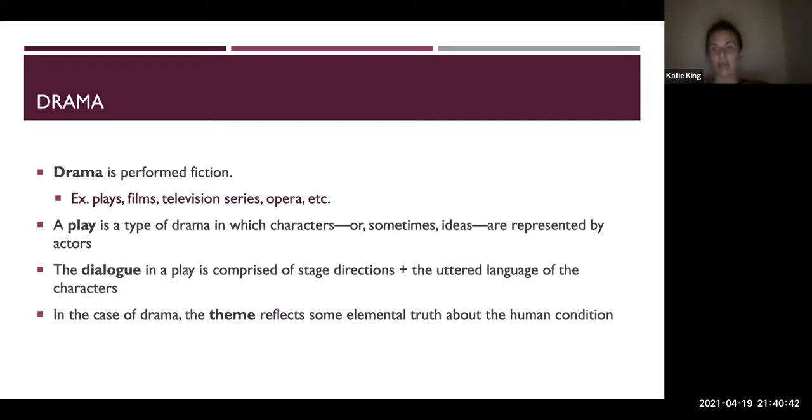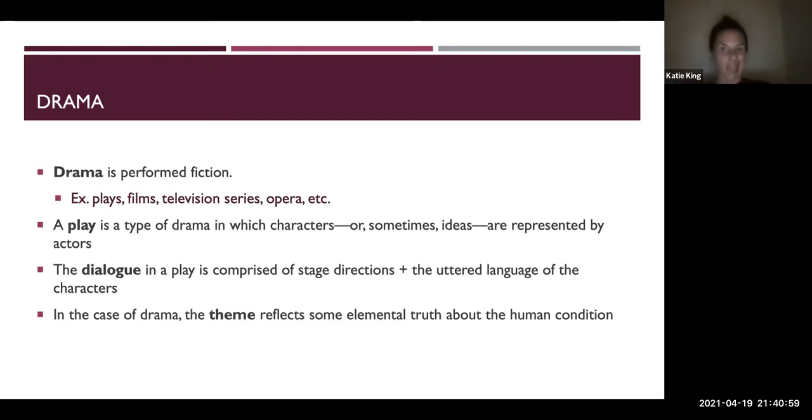And in drama, it tends to center on some elemental truth about the human condition because, again, we're talking about performers, we're talking about people or symbolic substitutes thereof.